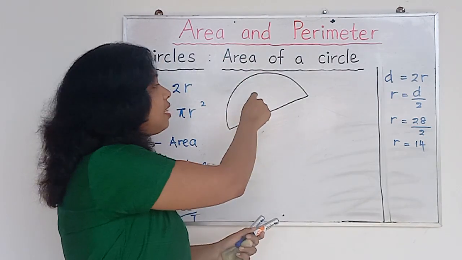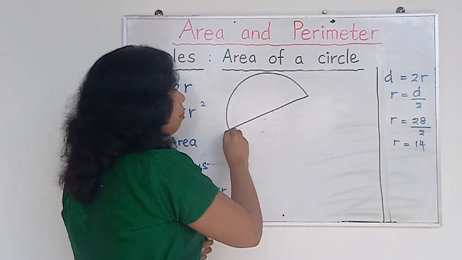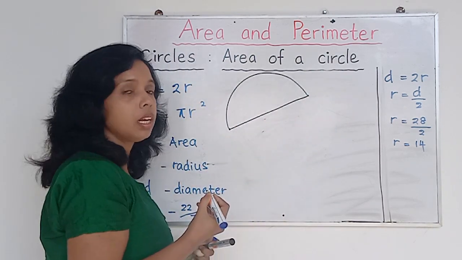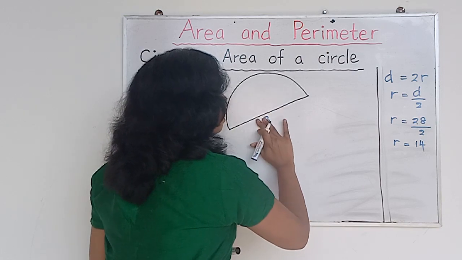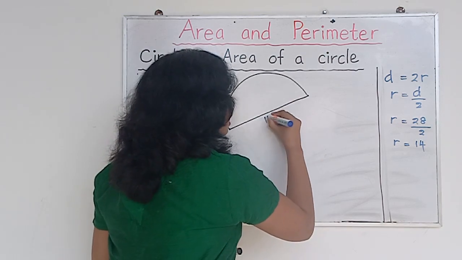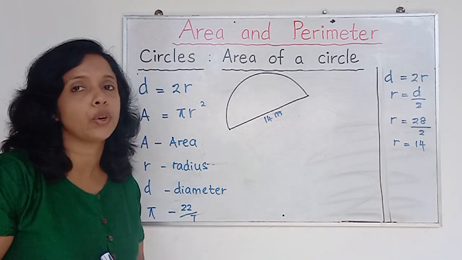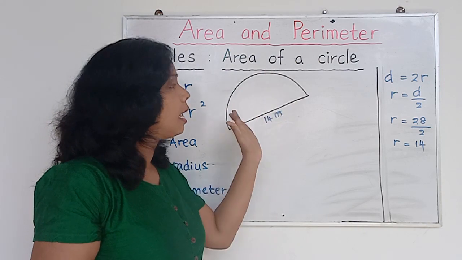I have only this much. And they have mentioned from this point to this point the length is, let's say, 14 meters. Now I want to find the area of this land.